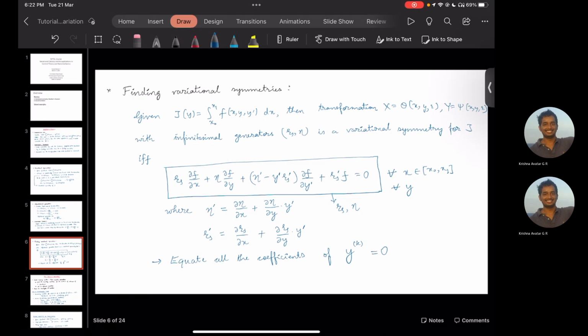So we will have a family of xi and eta, and all we require is to get that family. And mind you, we won't be able to obtain xi and eta for any type of function. They will only be obtained for those functions which allow variational symmetries.